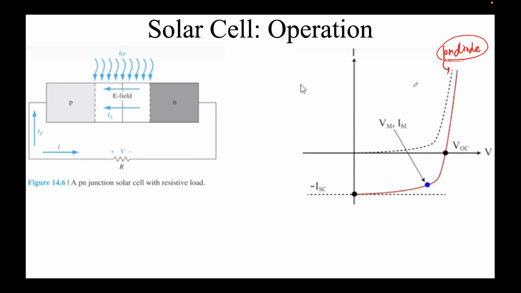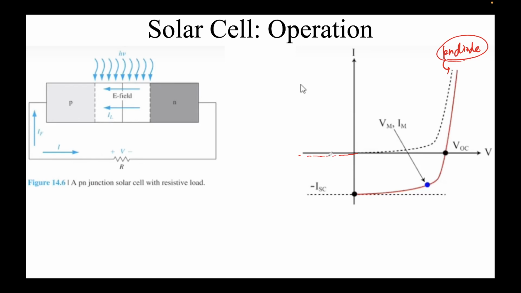Reverse side is not shown, but let's just say it's here. Forget about the breakdown. So when I'm not shining any light, this PN junction diode will behave exactly like the PN diode that I have written. The forward bias, this is the characteristic, drift diffusion, whatever you have, and on the reverse side is some reverse saturation current that is flowing.